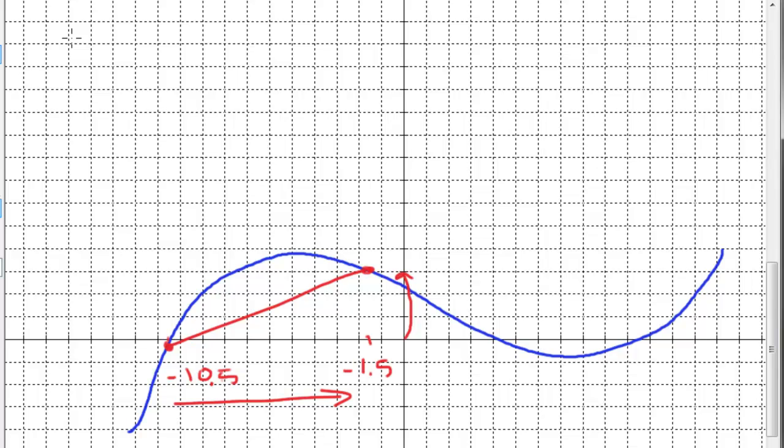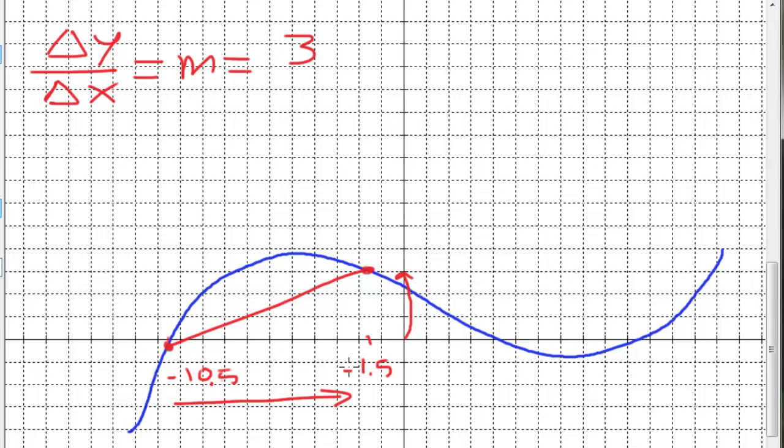And in fact, we can think of average rate of change as change in y over change in x, which you should recognize as m, our slope. Right? So in this case, our change in y was 3, right? We went up 3, and we went over how far?